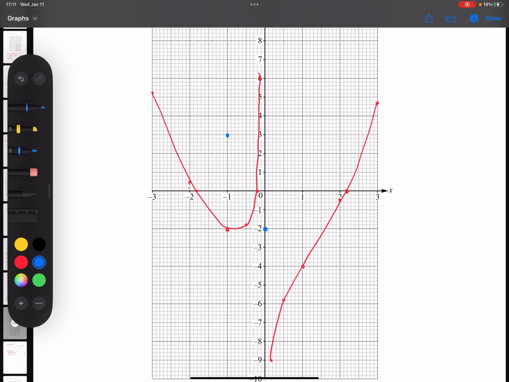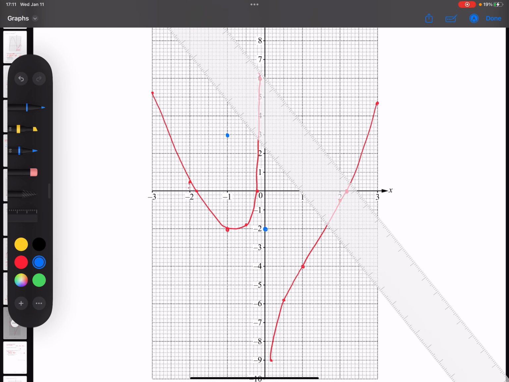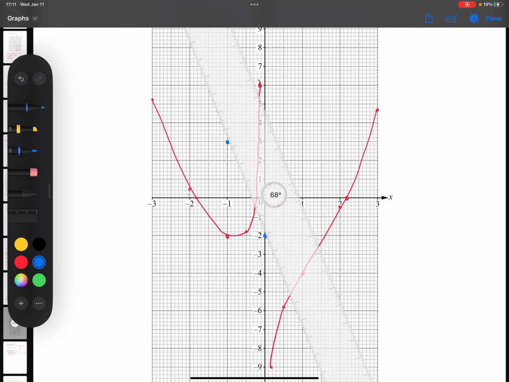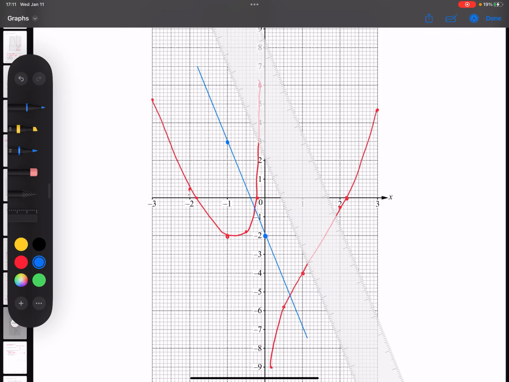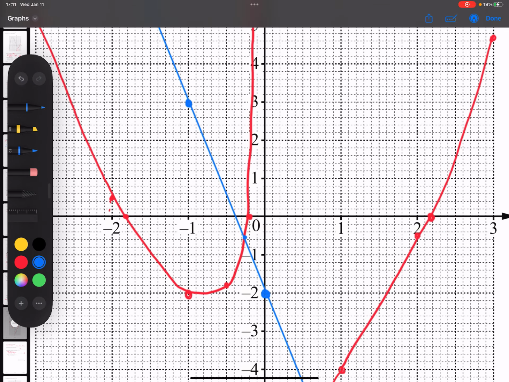Take your ruler again and draw the line, joining the points together. Just wait, let me align it, and it's aligned, and then this is going to be my line.